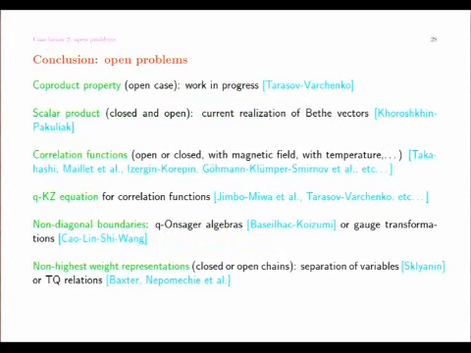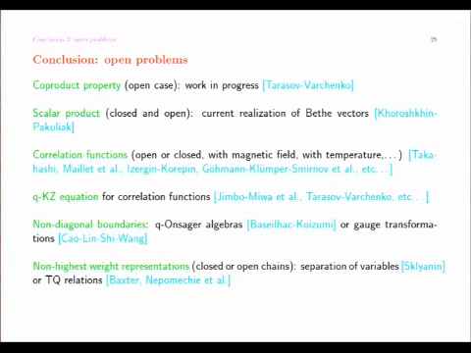So what remains to be done? We need to compute this coproduct property for the open case. So we are computing this. What we want to do is to compute the scalar product of these Bethe vectors, because what we aim to do is to compute correlation functions, and we first need the scalar product.